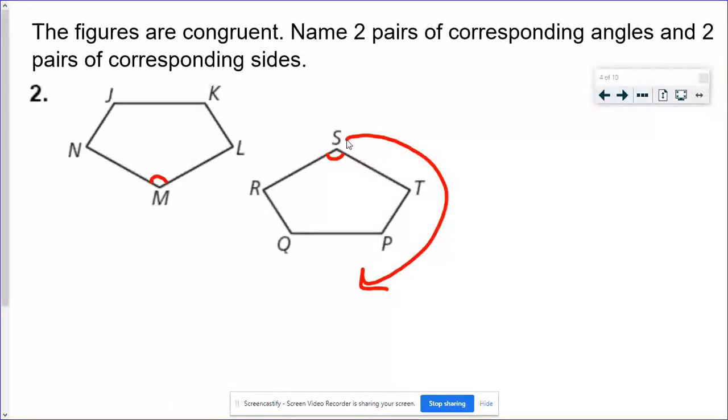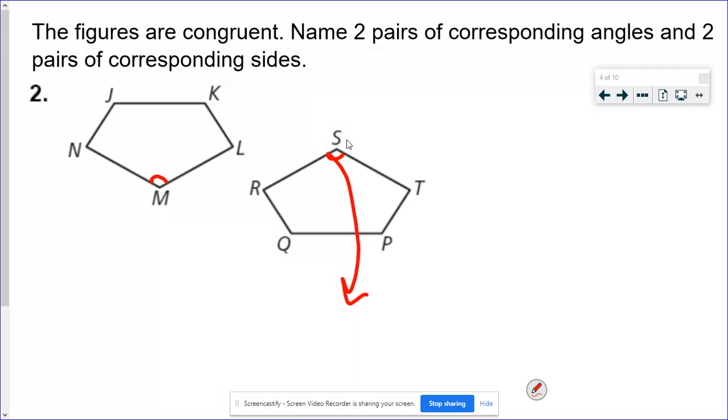The other option is, what if I would just flip it? If I would take this shape right here and flip it so that this side would go down there. Either way would work. It doesn't have a clear answer on this one because there's symmetry in the shape. If it wasn't so symmetrical, it'd be much easier to just say it has to rotate or it has to reflect.